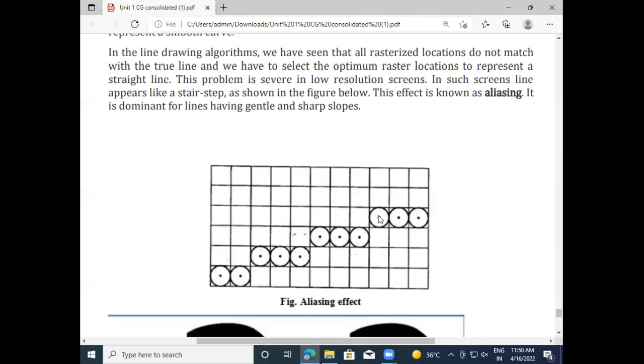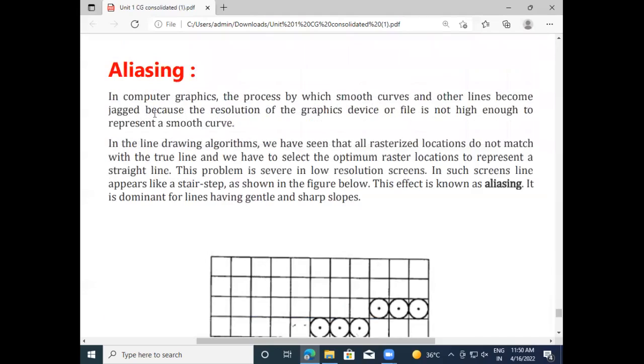Okay, so now I think you might be able to know the concepts of aliasing. Aliasing is nothing but the effect which comes onto the display if you are using a low resolution display; at that time this kind of effect is shown on the system. Okay, so if you have seen this in computer graphics, it is the process by which smooth curves and other lines become jagged.